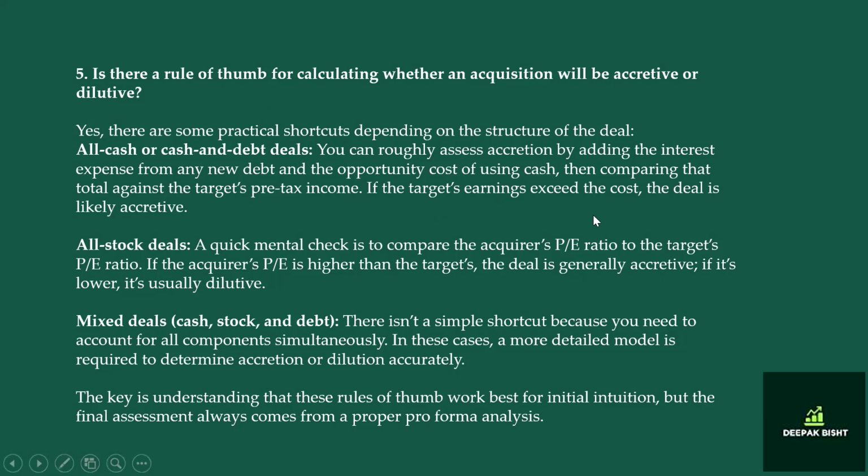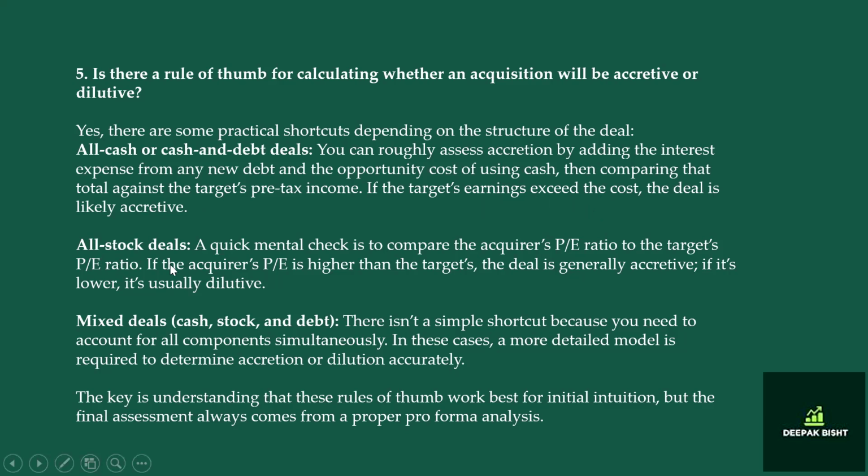If the target's earnings exceed the cost, the deal is likely accretive. If the cost exceeds the earnings, then it's dilutive. Then the EPS is going to be dilutive.